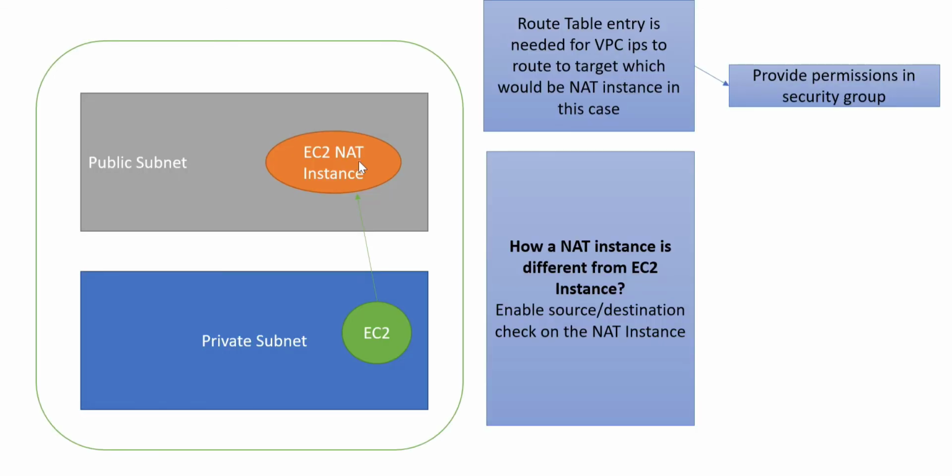For demo purposes, if you start creating with a T2 micro, obviously your internet bandwidth will be pretty low. But if you keep increasing the instance size, that is one way of doing it. Or you can do horizontal scaling of these instances where you set up an auto scaling group. And the moment you want more bandwidth and more requests are coming in, this can auto span and create multiple instances. And that way you can provide higher bandwidth.